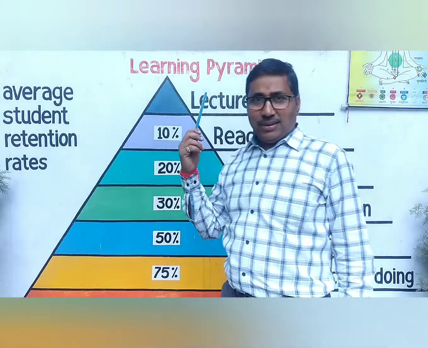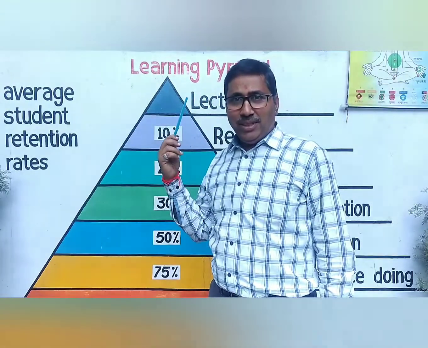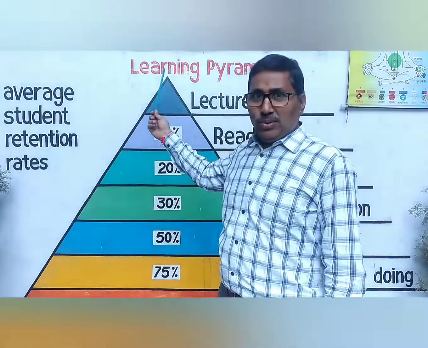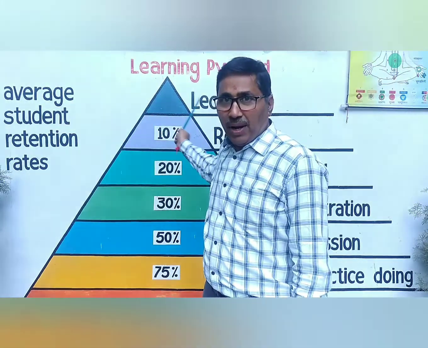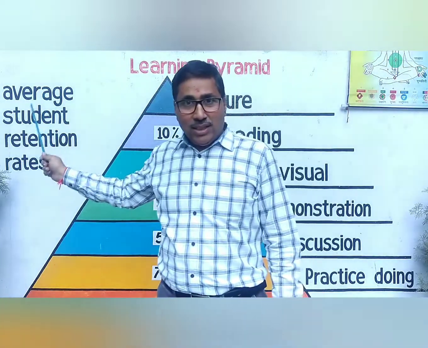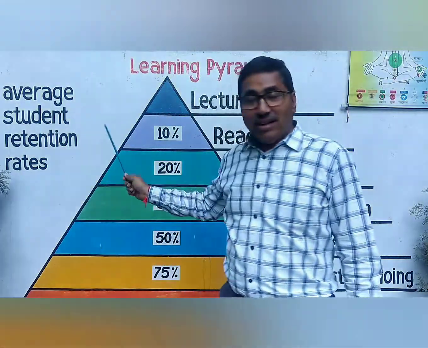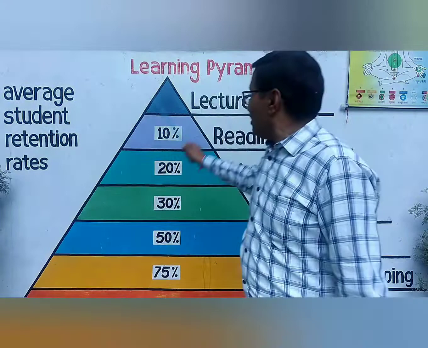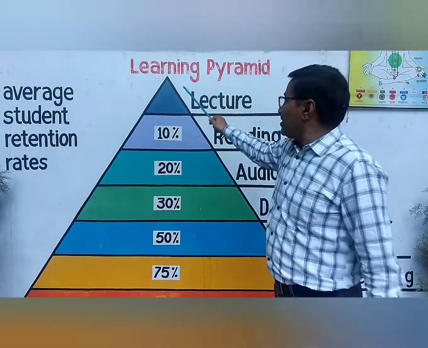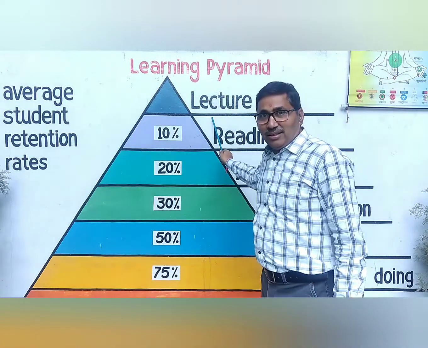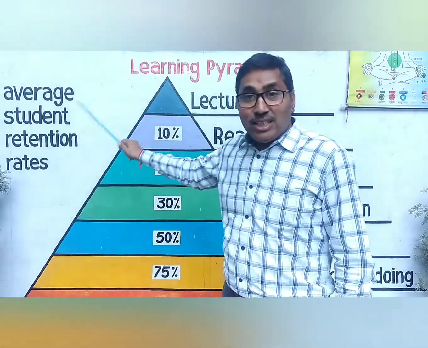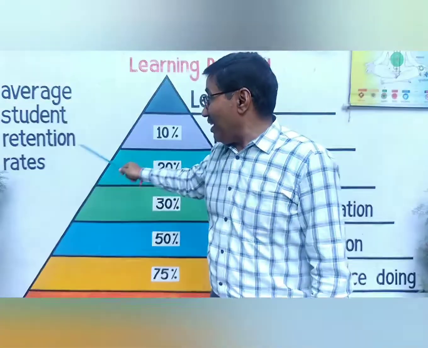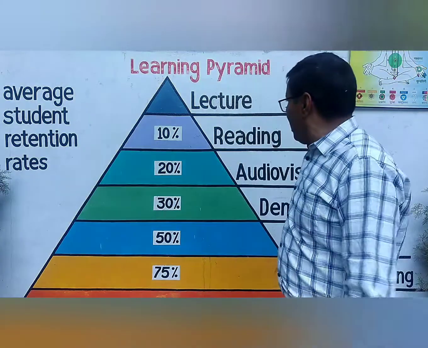Behind me, on the screen, you can see the title Learning Pyramid: average student retention rates. This means what the ways of learning are and what the percentage of average student retention is.